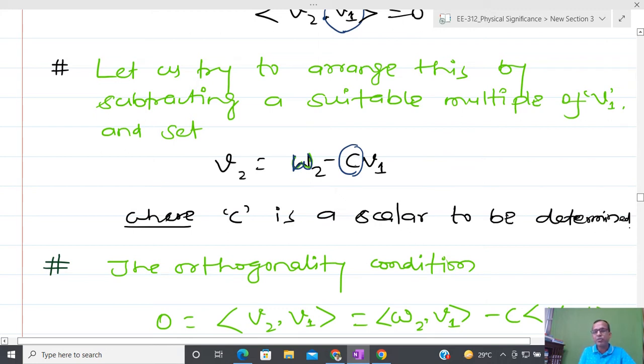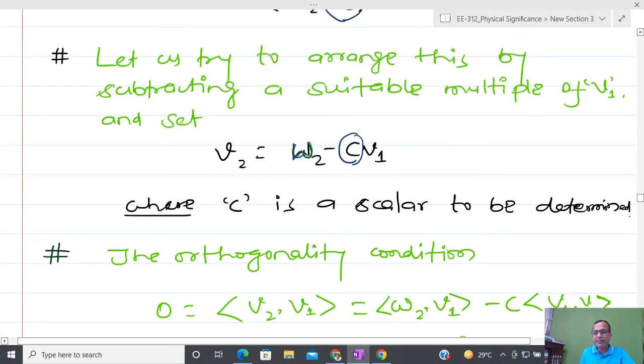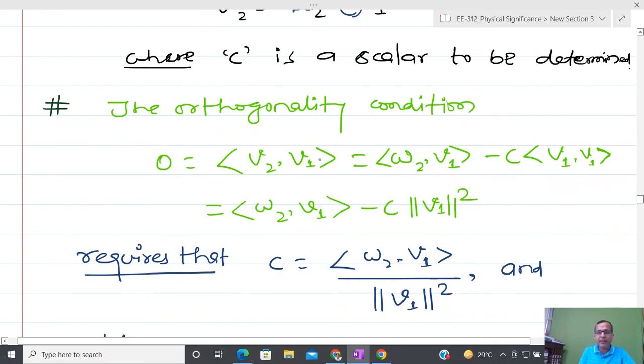Okay, so what I am telling is that if I select c in the proper way, then I can enforce that the inner product of v2 and v1 equals 0. And I have done the same thing. I have used the orthogonality condition, and I am forcing now that v2 inner product with v1 equals 0.